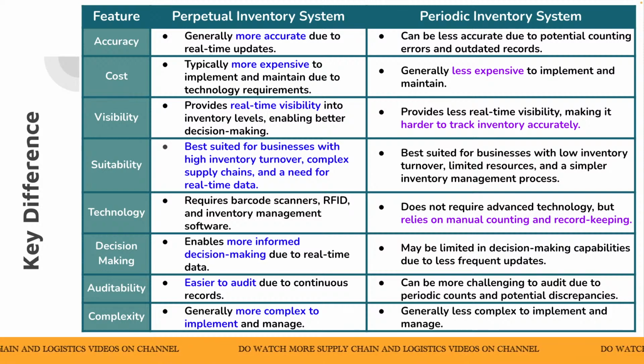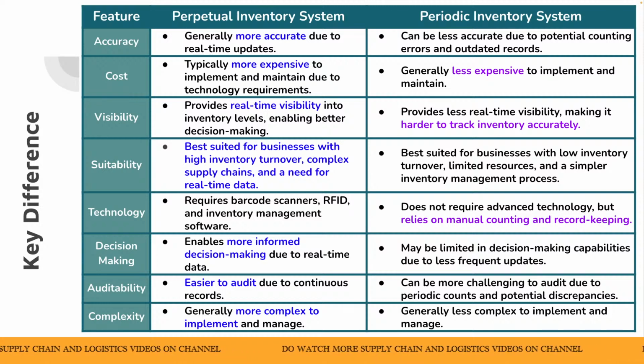So auditability is very good in the perpetual inventory system, but the periodic inventory system can be challenging. You don't know how much of your inventory came back as a return, because you are not keeping records. And if you are keeping records, how much of your inventory expired, or is going to be returned because of some natural challenges, perishability, shelf life, end of life kind of thing, correct.